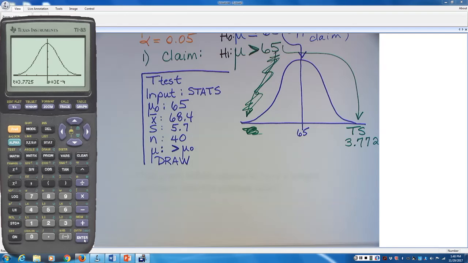Your sample mean is a lot higher than it should have been. It shouldn't have happened just by chance. And yet it happened.